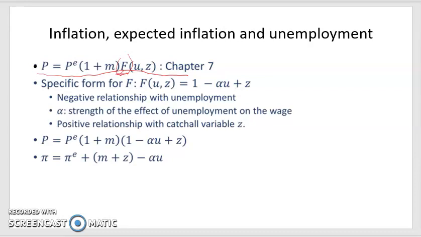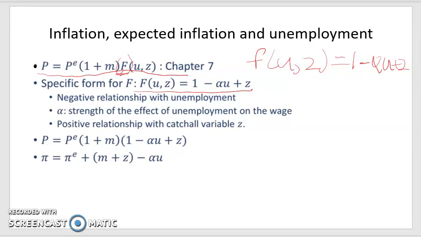So for our convenience here, let's assume a specific form for the F function that is given by this equation. So this basically tells us that the function of unemployment rate and Z can also be given by 1 minus alpha unemployment plus the catch-all variables.